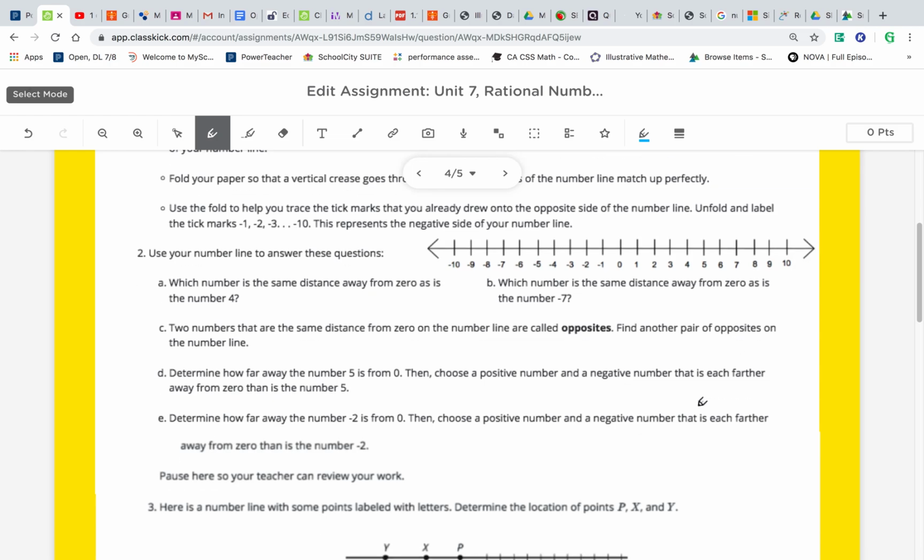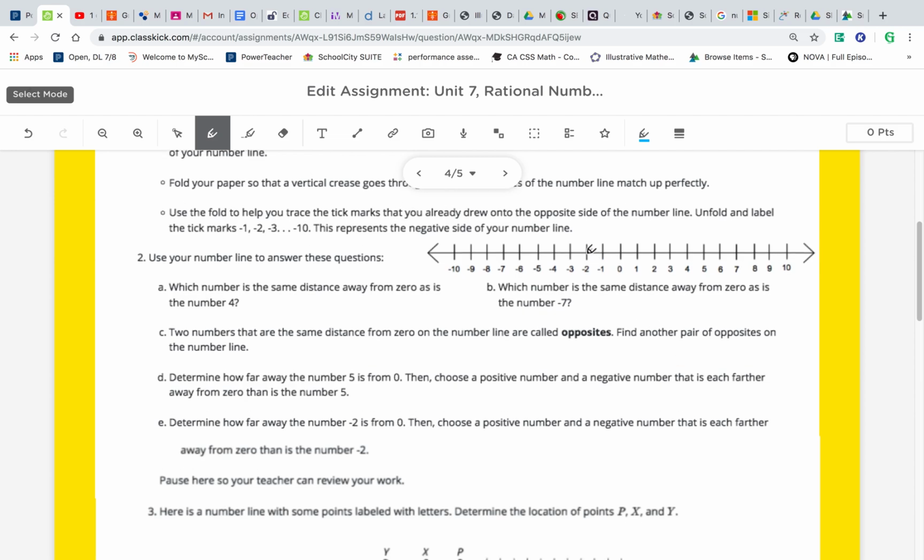All right, letter E, determine how far away the number negative 2 is from 0. Okay, here's negative 2, so 1, 2. It's 2 spots away. Then choose a positive number and a negative number that is each further away from 0 than is the number negative 2. Well, here's negative 2. If I want a negative number that's further away, I just move further away from 0, like negative 3 or negative 4, and so on.